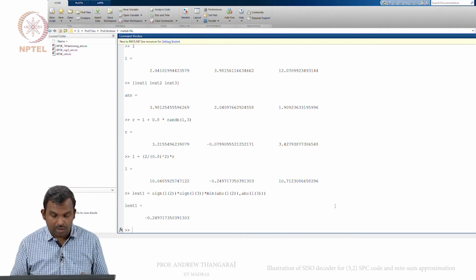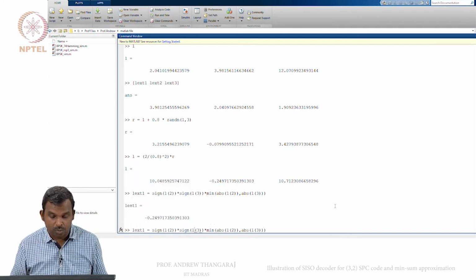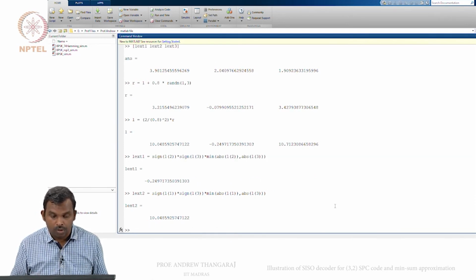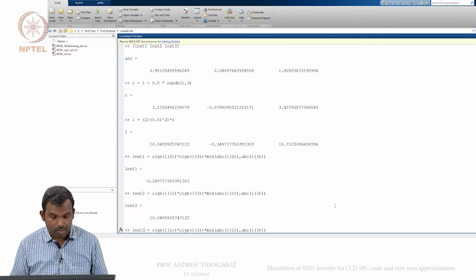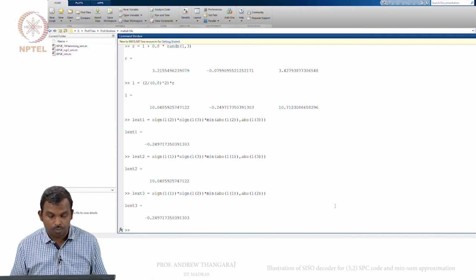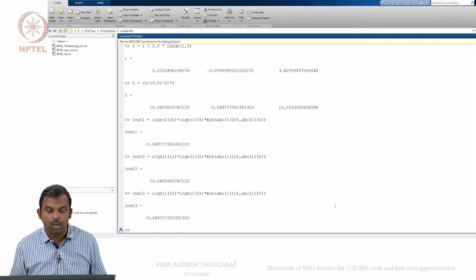So, if you want to do Lx2, you can take this first Lx1 expression and modify it. Lx2 will be sign of L of 1, L of 3, absolute value of L of 1, L of 3. So, again it is 10.04, both the values are close to each other, but nevertheless we are taking min. Okay. And then Lx3 is sign of L of 1, L of 2, absolute value of L of 1, L of 2. Okay. So, once again it is minus 2.4.